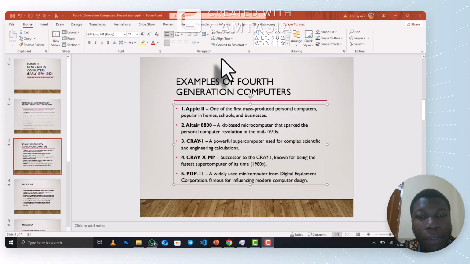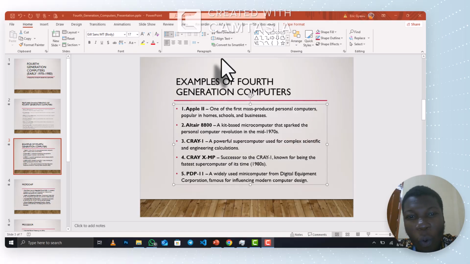We are also having the Cray extensible microprocessor, right? Yes. This is a successor to the Cray-1, known for being the fastest supercomputer of its time in the 1980s.